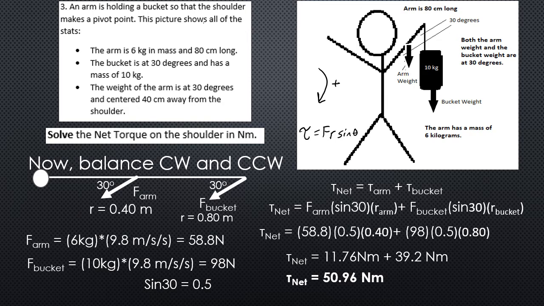Well, these two forces are trying to drag the shoulder down in the clockwise direction with 50.96 Newton meters worth of torque. So the shoulder muscles will have to resist that with 50.96 Newton meters worth of torque in the counterclockwise direction, or else the arm will fall. So that's what we just solved for here, is how much torque does the shoulder have to withstand in order to stay lifted.